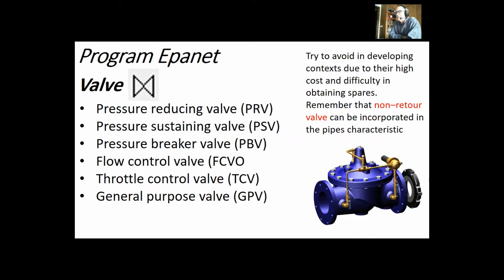We can have, yes, a gate valve, this for sure, but special valves like pressure reducing valve or throttle valve, maybe it's better not. It's better to avoid this type of valves. But anyway, Epanet gives you the possibility to introduce valves in the network.